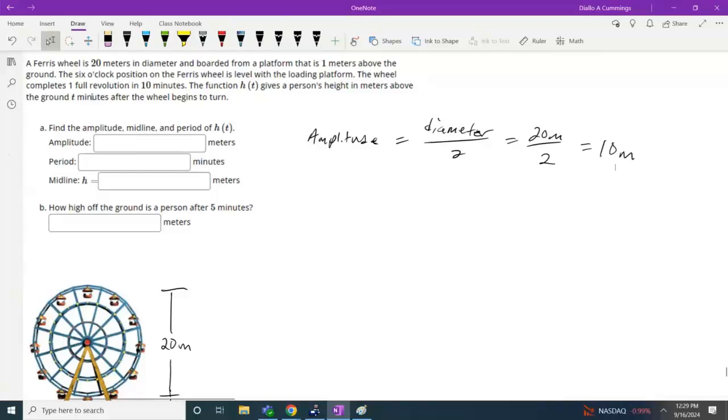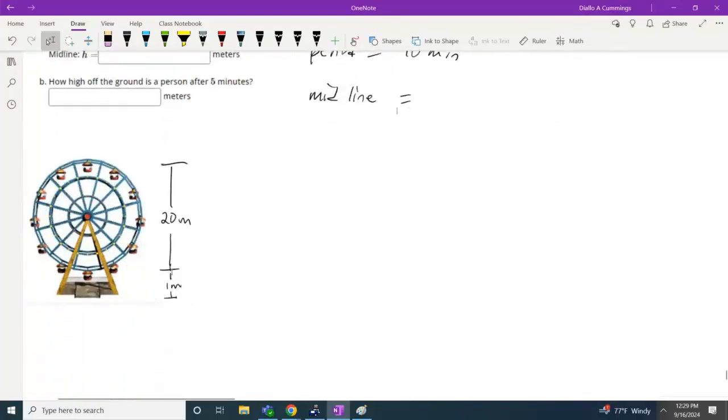What's the period? Now remember, the period is the amount of time it makes one complete revolution. So the period is 10 minutes, right? They gave that to us in the problem. What's the midline? Well, the midline would be right in the middle, but I have to account for the 1 meter here, right?